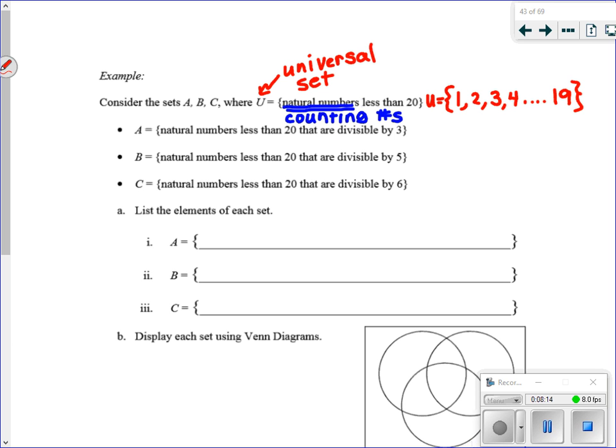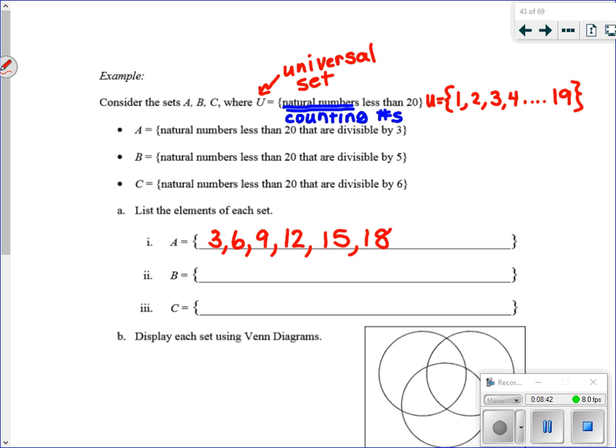So let's list the elements of each set. Set A is all the natural numbers less than 20 divisible by 3: 3, 6, 9, 12, 15, 18. Does it include 21? Nope, that would be the next number in this pattern, but that's not less than 20, so that's where we stop.